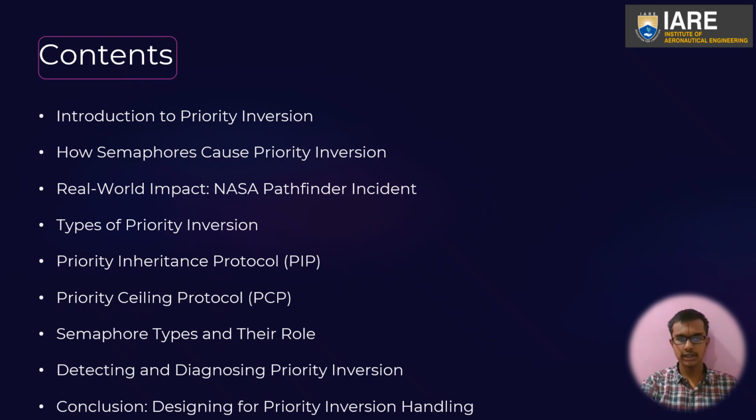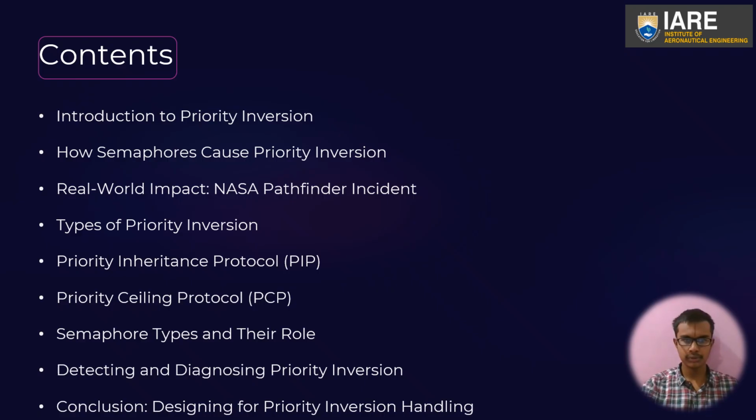First of all, let's go through the contents. In the first place, I'm going to introduce the topic of priority inversion. Next, I'll explain how semaphores cause priority inversion. Next, we'll go through a real-world impact, the NASA Pathfinder incident. Next, we'll discuss types of priority inversion.